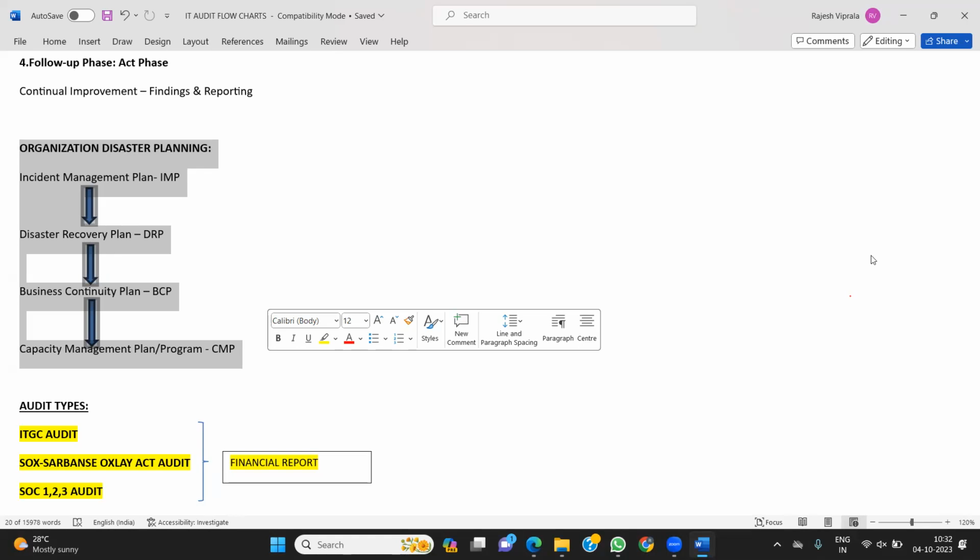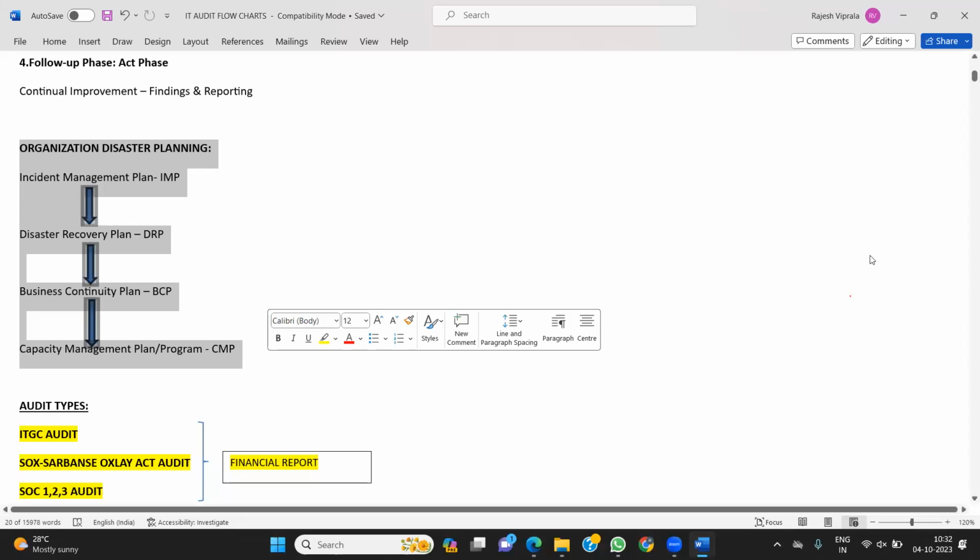Such as incident management planning, disaster recovery planning, business continuity planning, capacity management or program planning. So in this scenario, we will just discuss what it is and how it is going to be relevant to the audit topic.